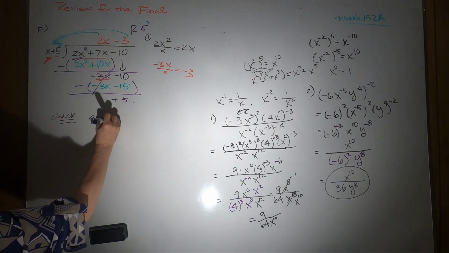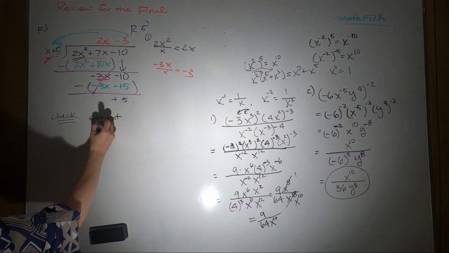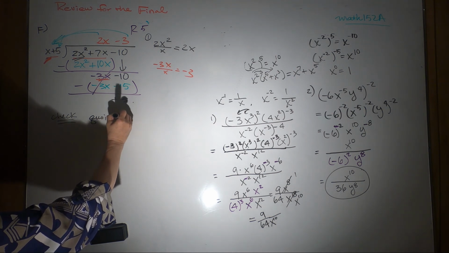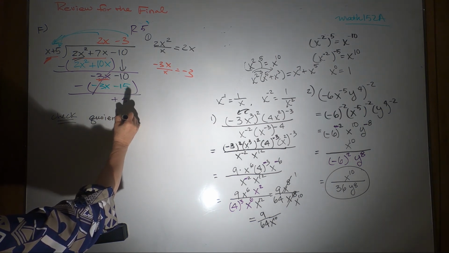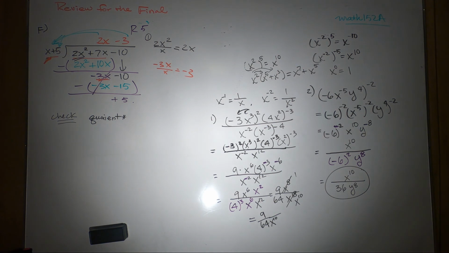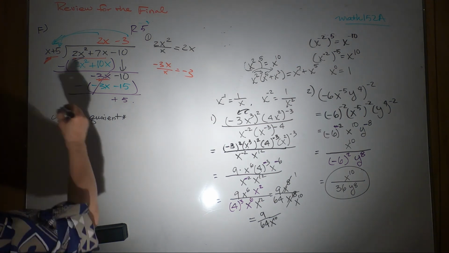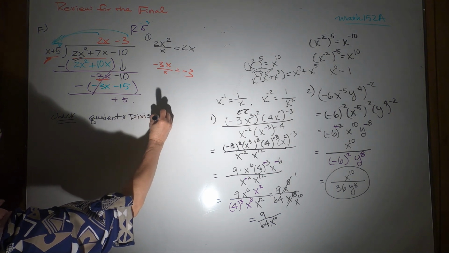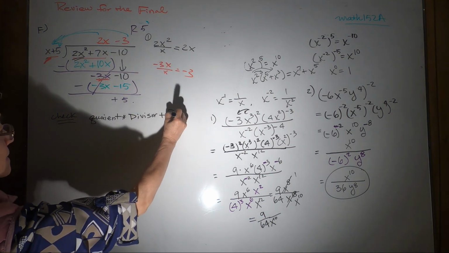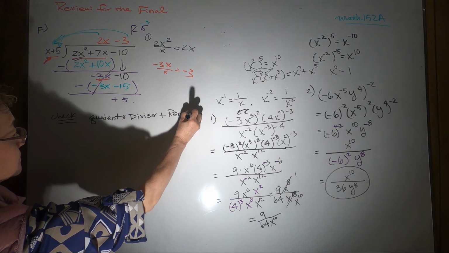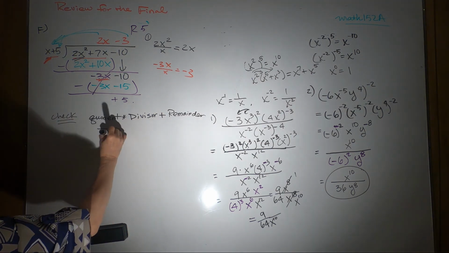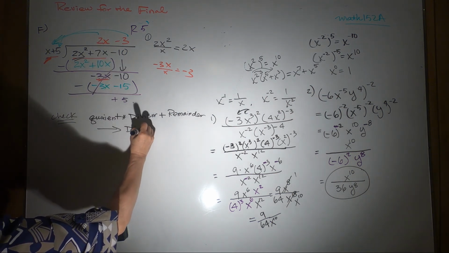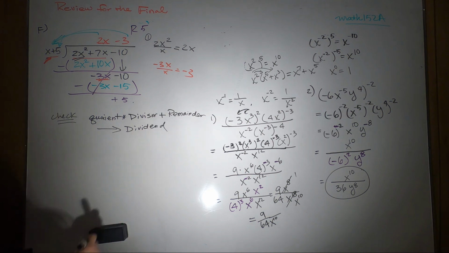Your quotient times what? Quotient times divisor. Then if you add your remainder, it should go back to the original, which is called the dividend, right?